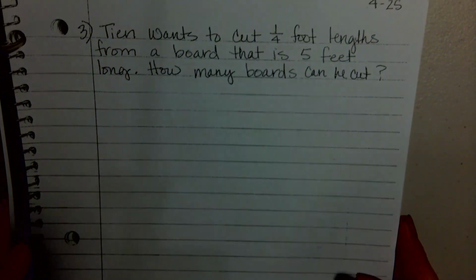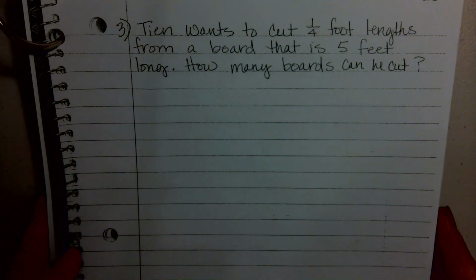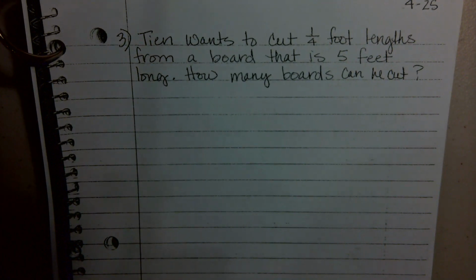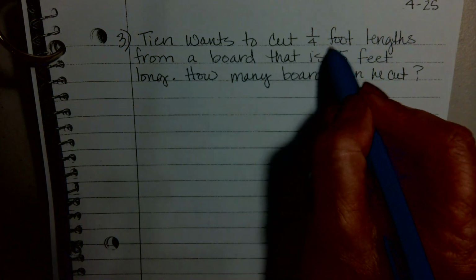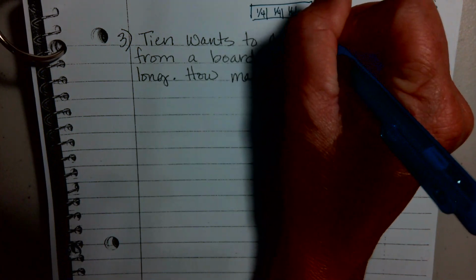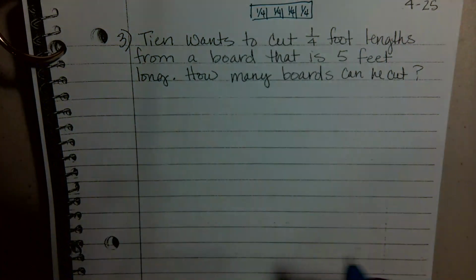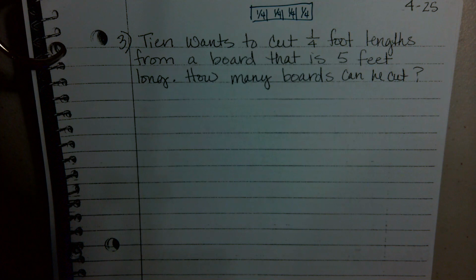All right, our last problem for concept development is a great problem, and you will see this type of problem over and over again. So, Tien wants to cut a 1/4 foot length. So, what do you know? You know there are 4 1/4 in one whole, correct?